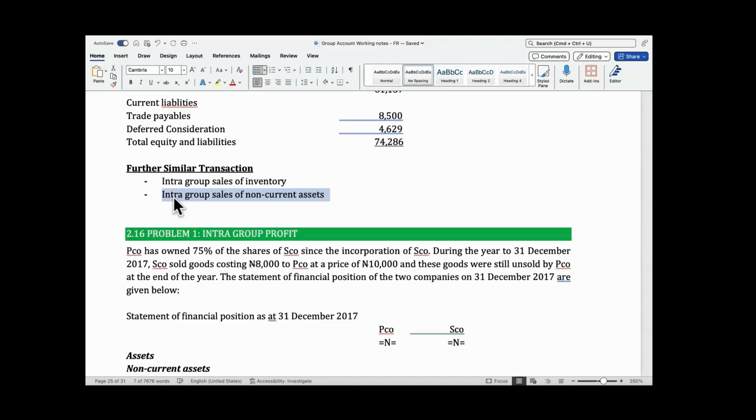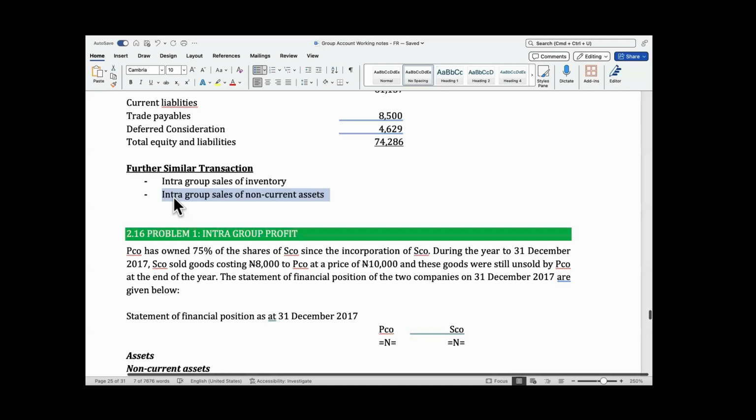The base of that depreciation, which is his cost, would have an element of profit. He will have acquired it at a profit, and the depreciation will now be based on an amount that has profit loaded. Since we're going to cancel out that profit, that means he has over-depreciated the asset. That means there will be excess depreciation. That excess depreciation also needs to be identified and cancelled out. That's basically what we want to consider first.